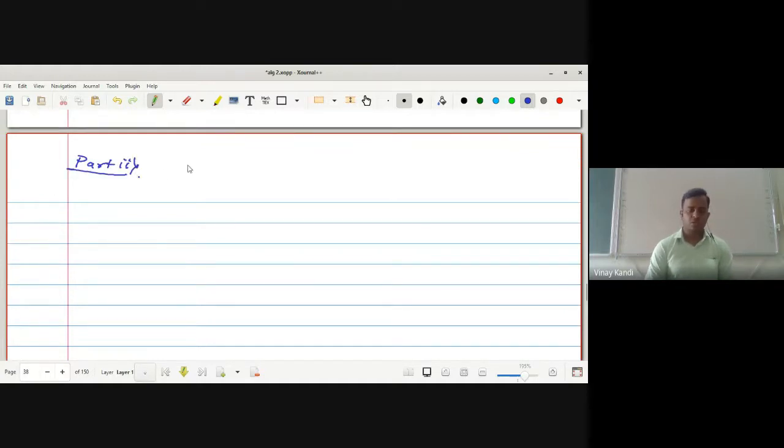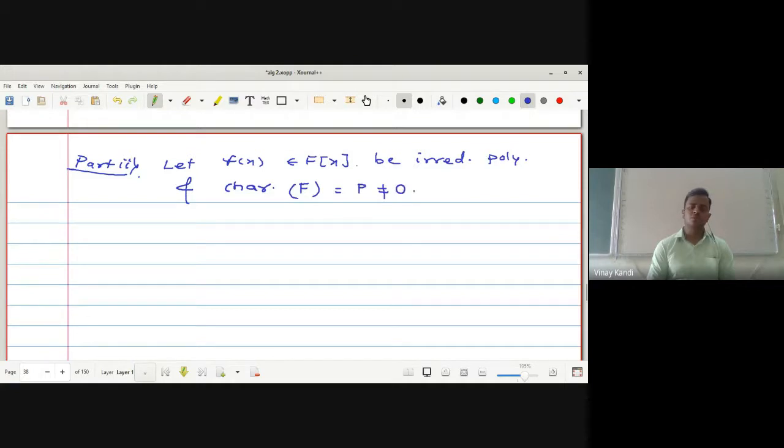Same setup: let f of x belonging to capital F of x be an irreducible polynomial, and the characteristic of F is equal to p, which is not equal to 0. Again assume the contradiction step.